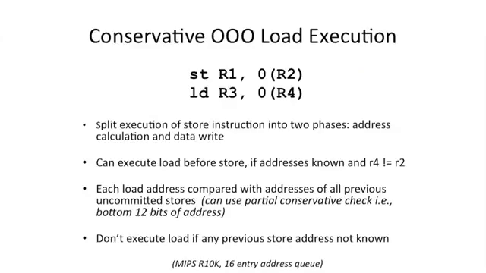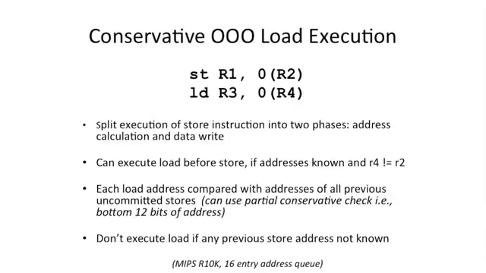OK, so let's take a look at a conservative out-of-order load example. So in our conservative one, let's split the store into two sort of subparts, an address computation and the actual data write.